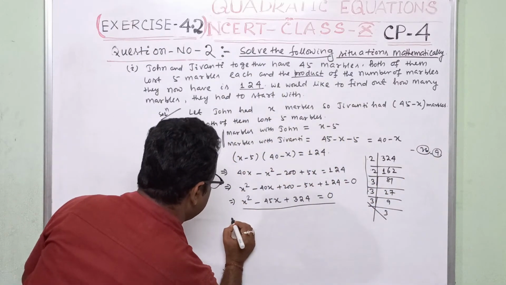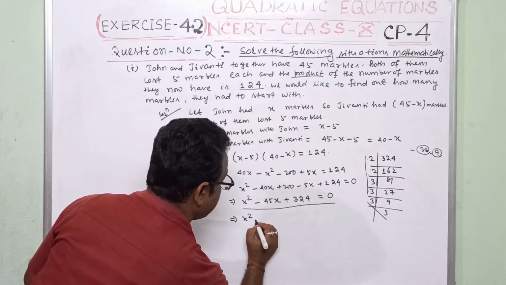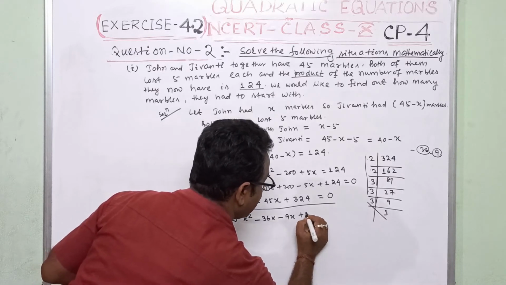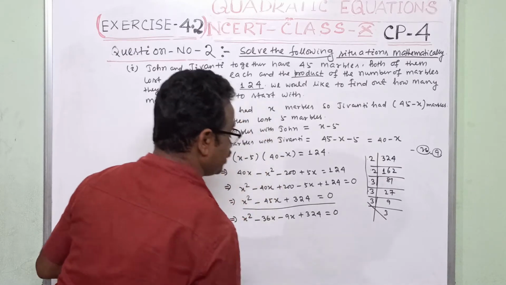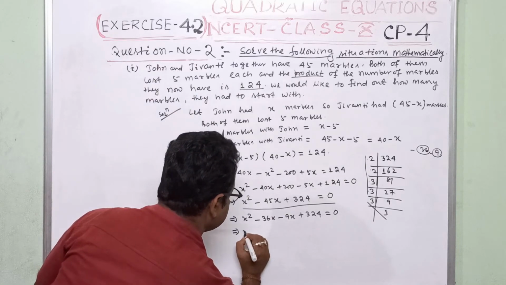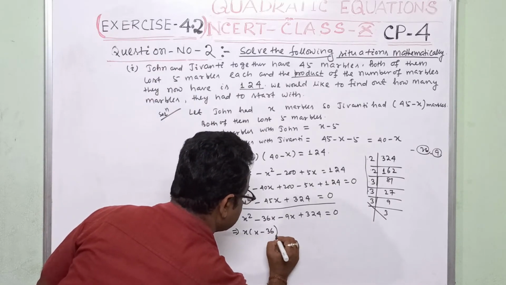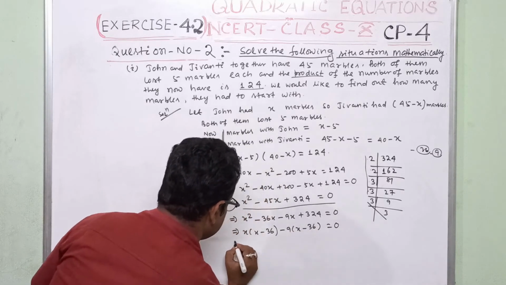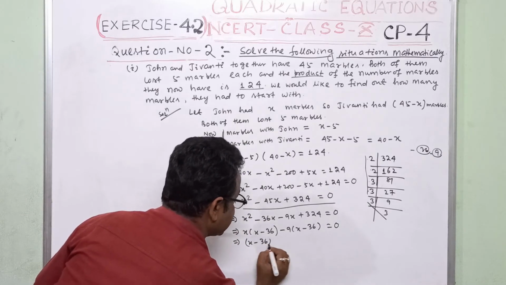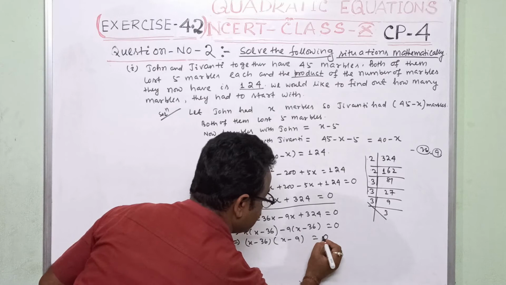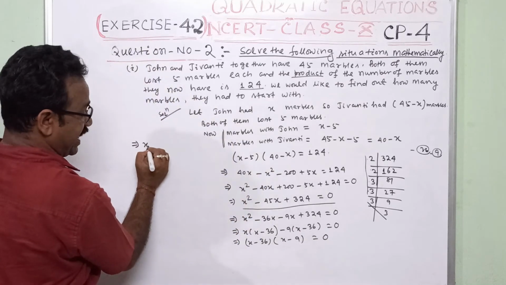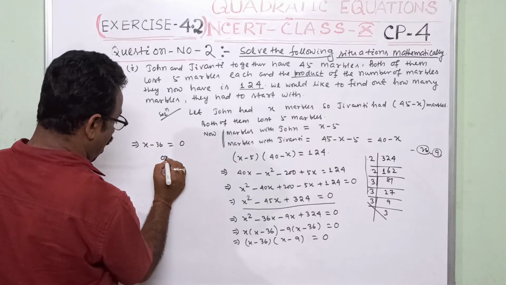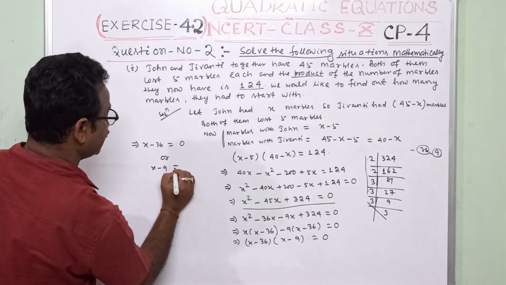So that implies x square minus 36x minus 9x plus 324 is equal to 0. That implies x into x minus 36 minus 9 into x minus 36 is equal to 0. That implies x minus 36 into x minus 9 is equal to 0. That implies x minus 36 is equal to 0 or x minus 9 is equal to 0.